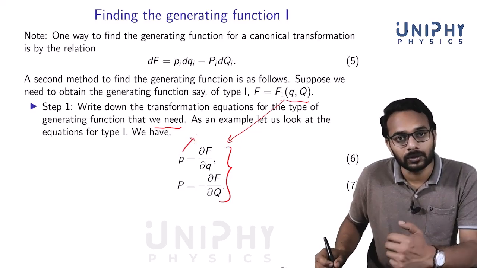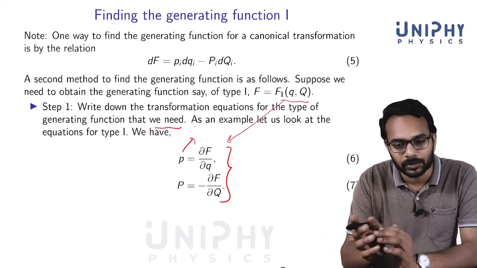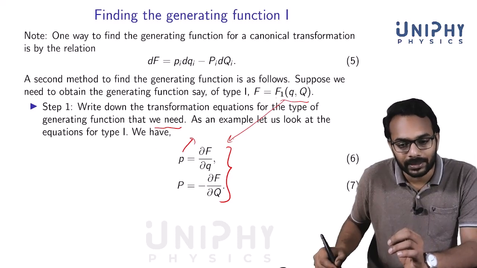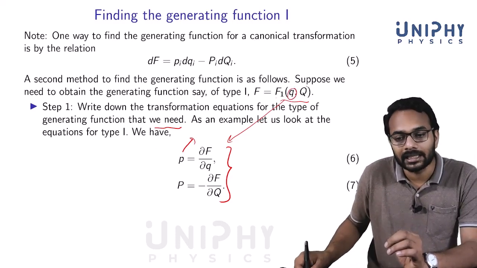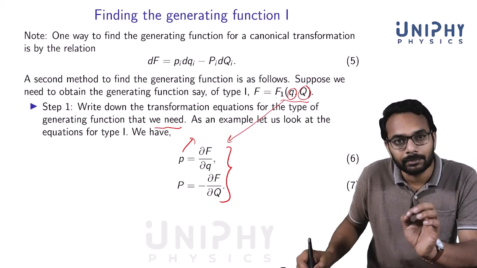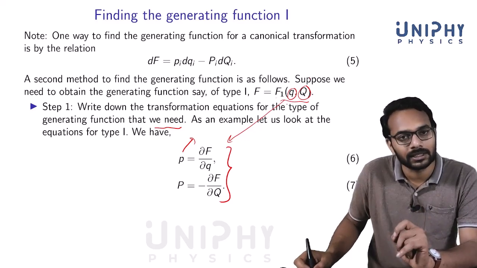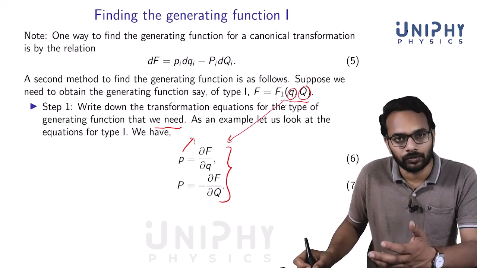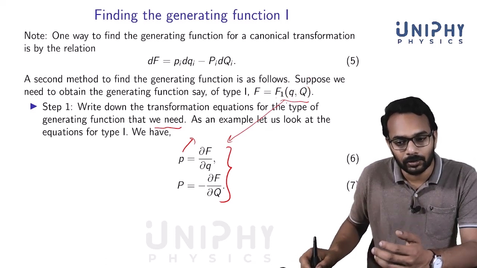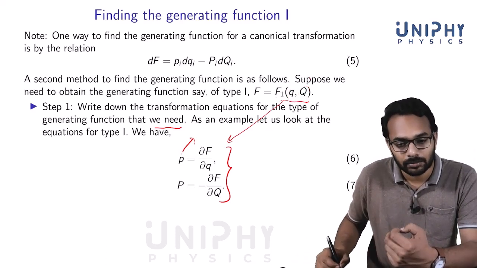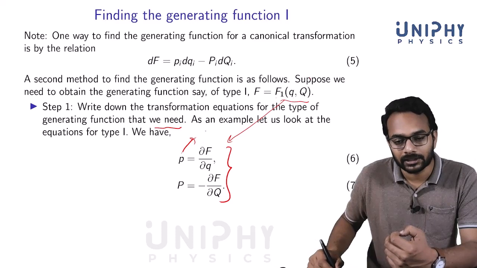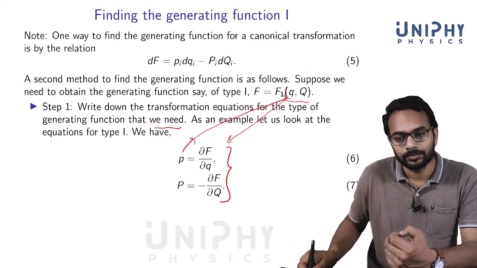Now you will have to use the transformation equation given in the problem, and then you will write small p as a function of small q and capital Q, or whatever functional dependence you are asked to find.